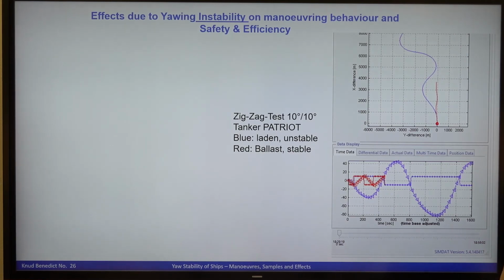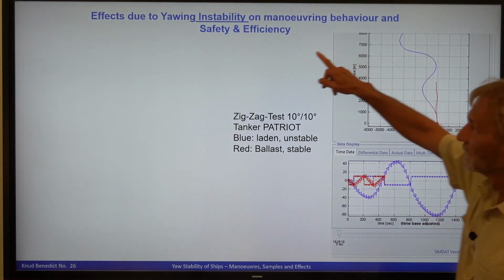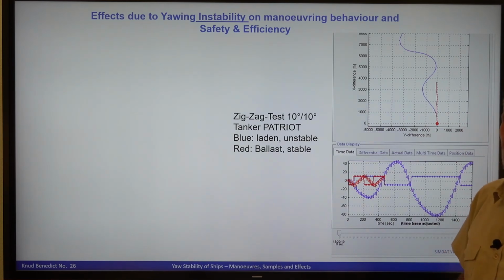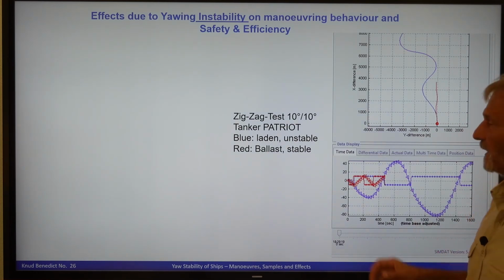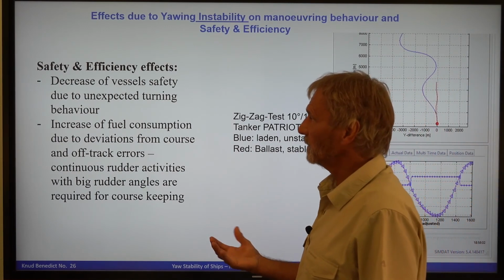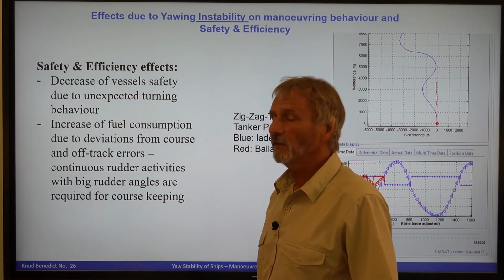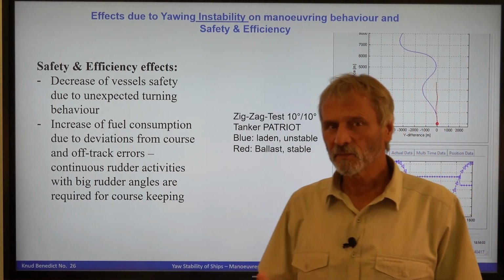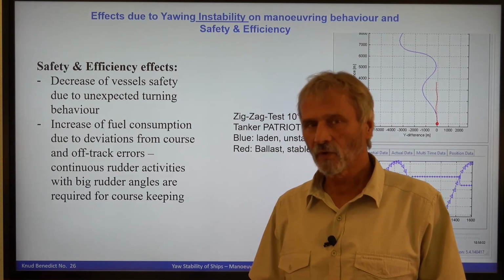The final part is here, the effects of instability on the maneuvering behavior. So what effect has it? Instability decreases the vessel's safety, or might decrease it, because there could be unexpected turning when you don't want it.